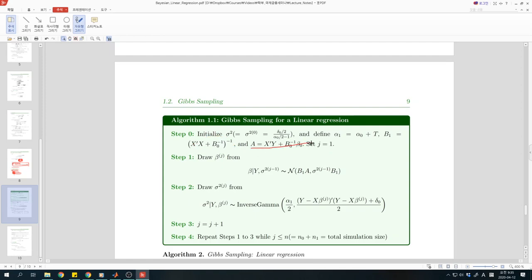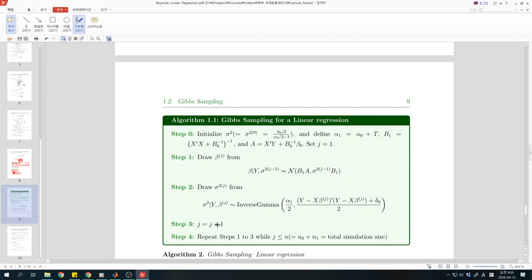And same for A. So B1 and A are fixed over the iterations. So the full conditional mean is fixed. What about the variance? Full conditional variance is not fixed. Although B1 is fixed, sigma square changes over iterations, right?